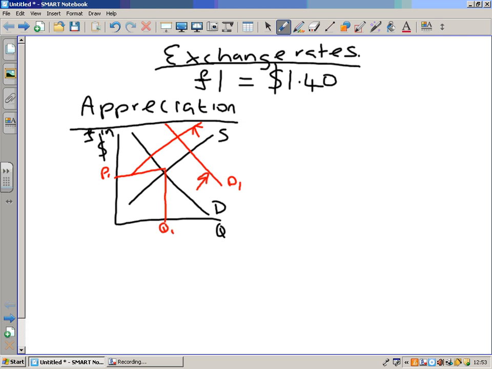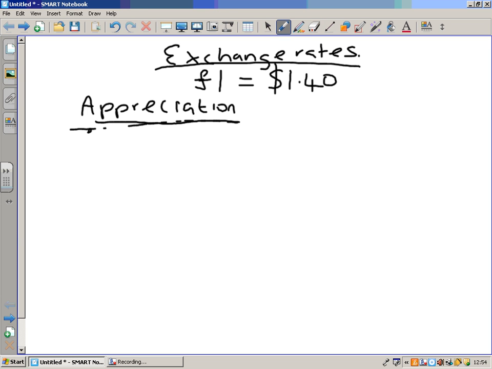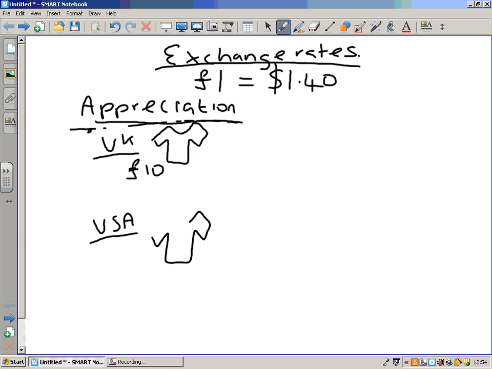What we want to think about now is what will happen if we have this appreciation. How will it impact on our economy? So let's imagine then we have a business in the UK making t-shirts. The retail price for these t-shirts is £10. We have a firm in the USA making the same t-shirts, selling them for $10.